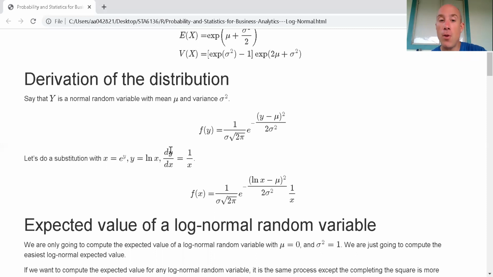Now I'm going to make a substitution. I'm going to say that x is equal to e to the power of y. The moment I say that, that means that y has to be equal to log of x, and the derivative of y with respect to x is 1 over x. So everywhere I see a y, I replace it with log of x.